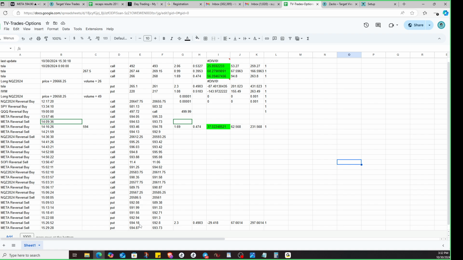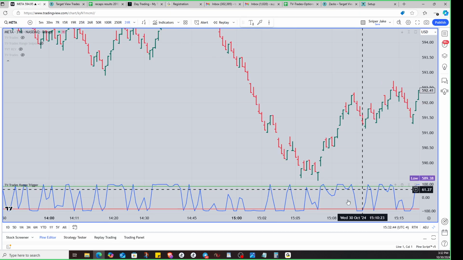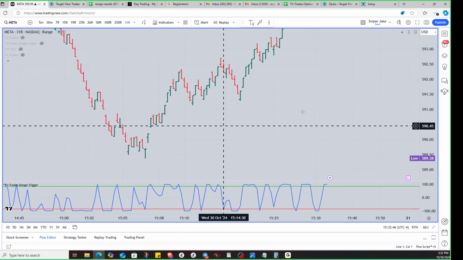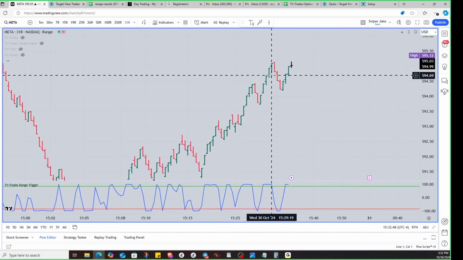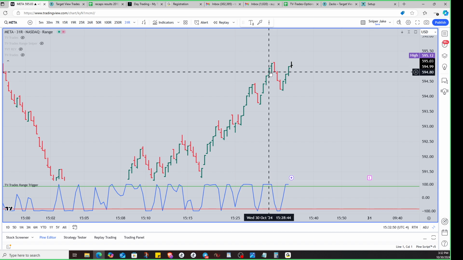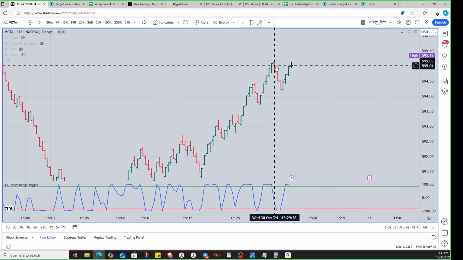It said to sell at 594.18 or buy puts at 594.18 with a 592.8 target to begin with. All right, and that was at 15:26, so at 3:30. At 3:30, right in here, 3:28, right in here. It said 594.18.